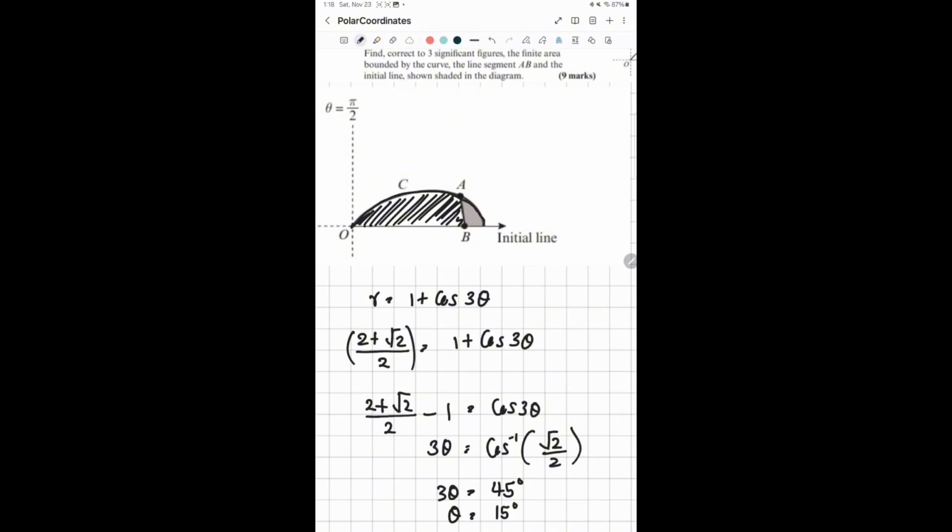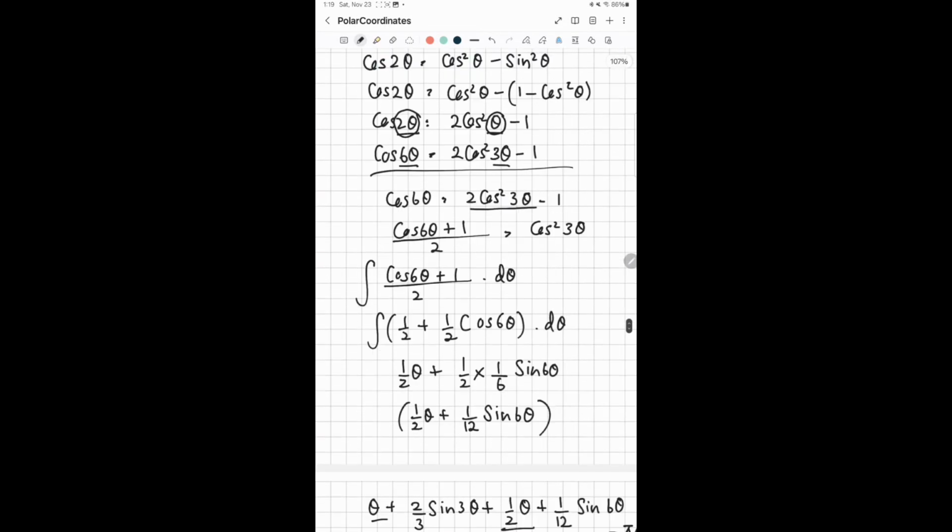The total area of the whole curve, and subtract it with this area to get the shaded region. So let's find the area of the whole curve.